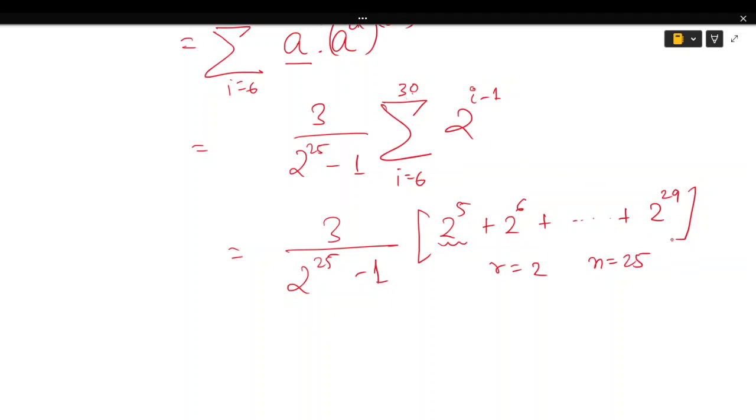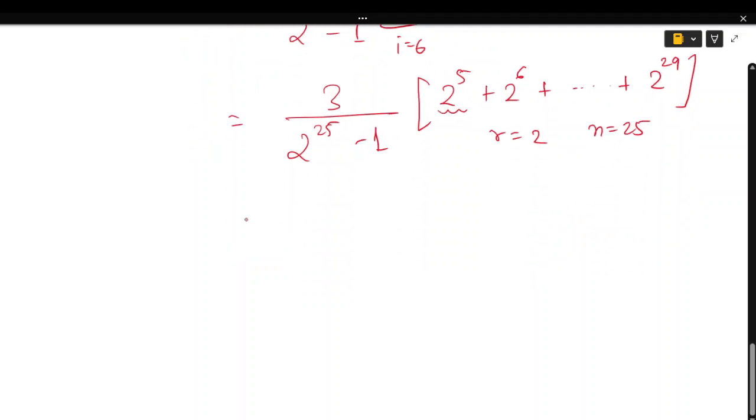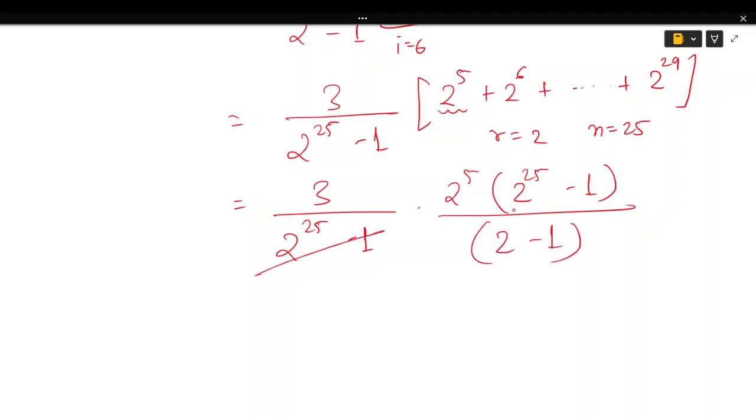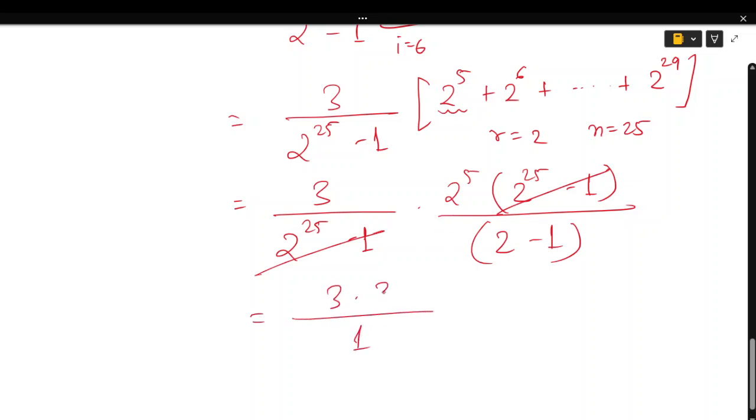So we get 3 over (2 to the power 25 minus 1) times the sum formula, a times (r to the power n minus 1), and the denominator we have is r minus 1. One can simply observe that this can cancel out. 2 minus 1 is positive 1. And 3 multiplied by 2 to the power 5, which is 32, after multiplication you will simply get 96.